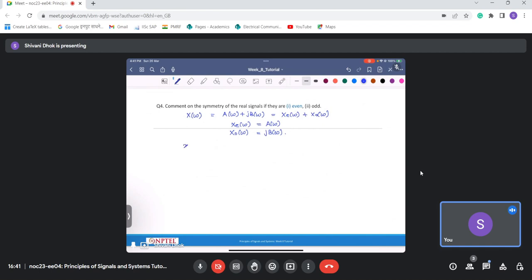This signal x(t) can be written in two parts.